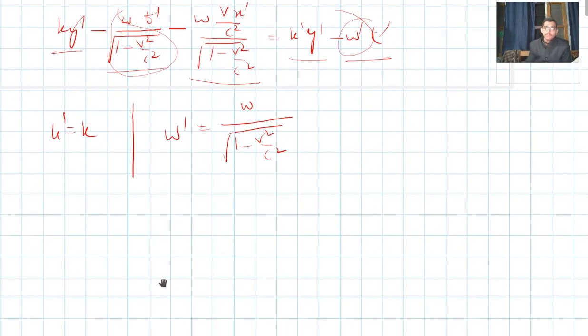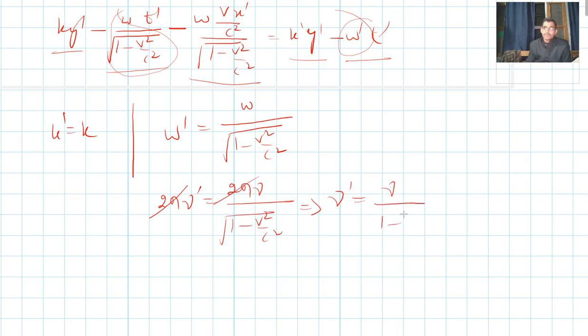If I put the values, 2 pi nu prime is equal to 2 pi nu over square root of 1 minus v square by c square. The 2 pi will cancel out, so nu prime is equal to nu over square root of 1 minus v square by c square, and the frequency thus obtained is called the transverse Doppler effect.